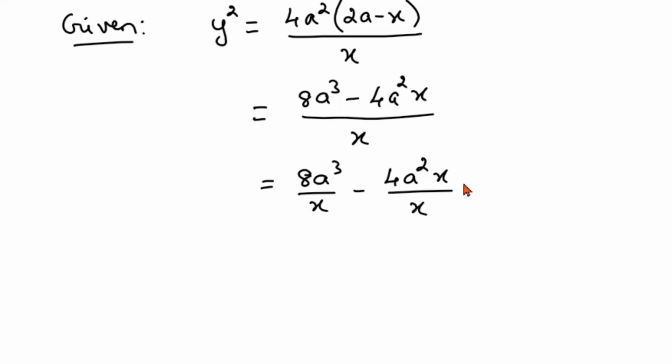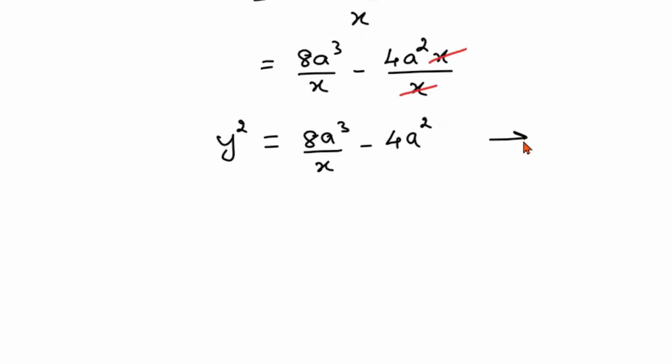The x and x cancel out, and we are left with 8a cube divided by x minus 4a square. So that is the value of y square. Let us take this as equation number 1.